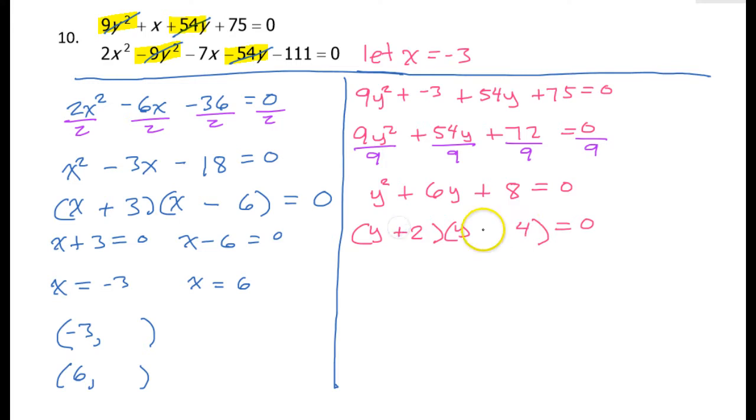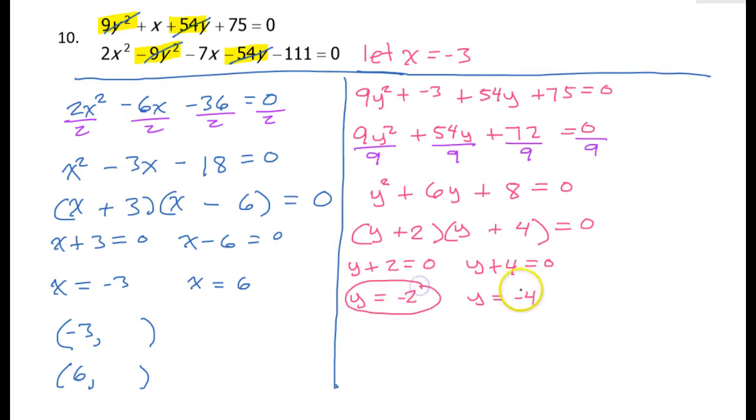And if I just let both of these be positive, 2y and 4y gives me 6y, so that works out as well. So I need to set both of these equal to 0. So y plus 2 equals 0 and y plus 4 equals 0. That gives me y equals negative 2 and y equals negative 4.